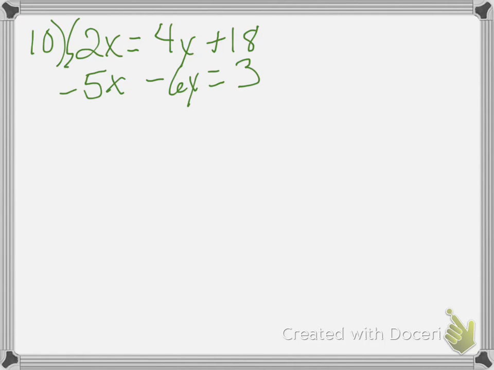Well, yeah, no, you have to have your equal signs lined up. Equal signs have to be lined up. Subtract 4. Yes. All right, let's start with the rearranging of this equation right here.